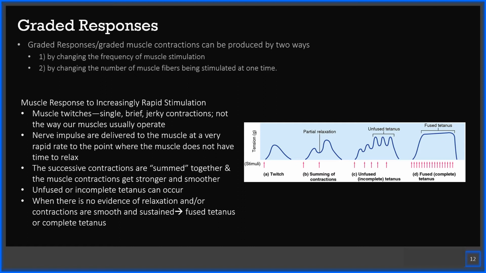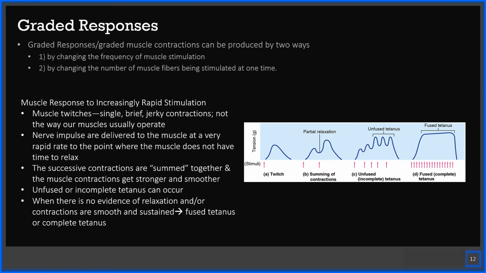We can see here in the image on the right, a single stimulus causes a muscle contraction, or twitch. The muscle doesn't have time to completely relax, and this is when we start summing those contractions.